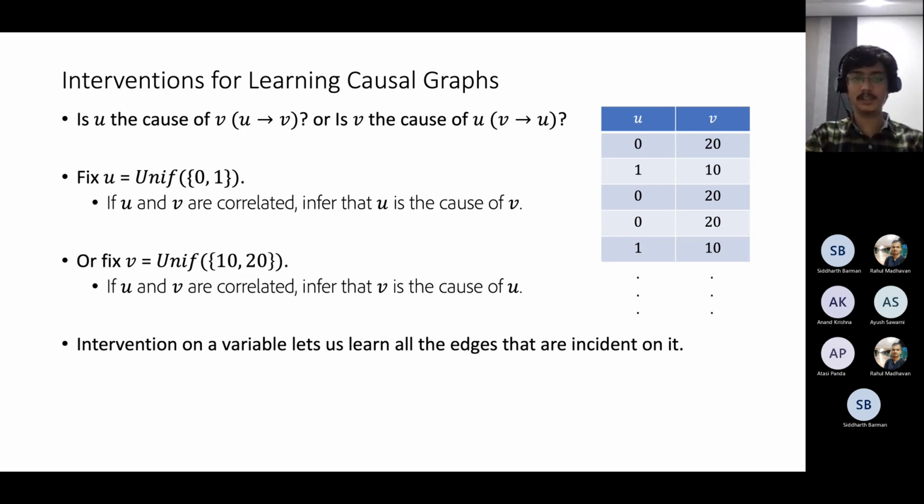But using intervention on a variable, we can at least know the direction of all the edges that are incident on it, as well as a few more directions, which can be inferred using standard deduction rules called Meek rules, which I'll not discuss in this presentation.